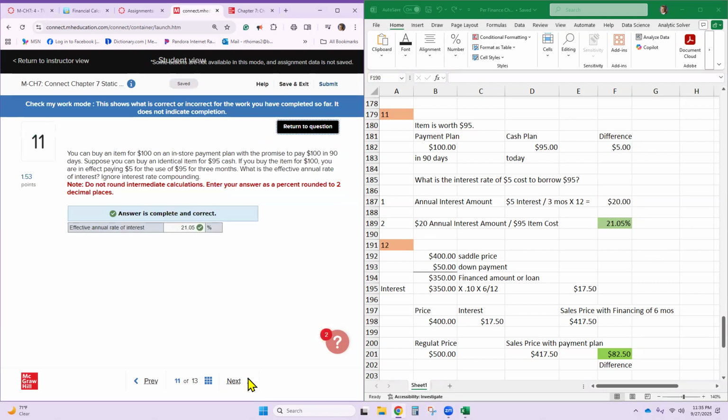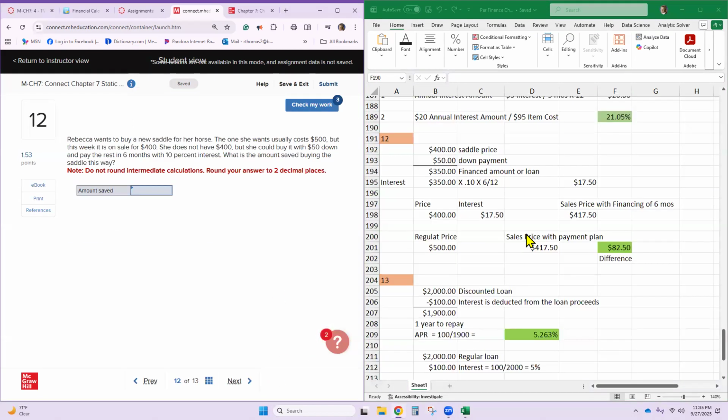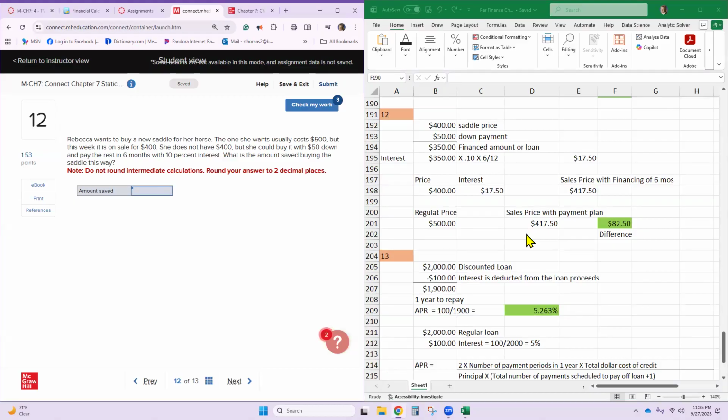Okay, 2 more. Number 12, Rebecca wants to buy a saddle for her horse. The only one she wants usually costs $500, but this week it's on sale for $400. She does not have $400, but she could buy it with $50 down and pay the rest in 6 months with 10% interest.